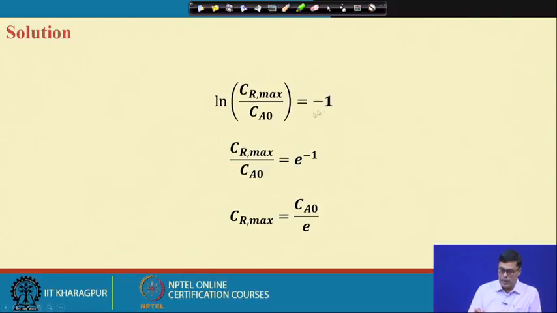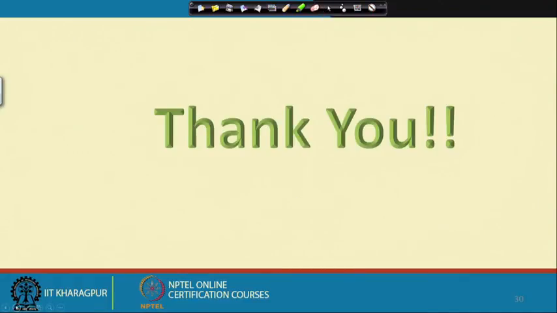Then CR max by CA0 equals e to the power minus 1, and CR max equals CA0 by e. So, this is how we can solve this equation in the other approach, but I feel that the first approach might be comparatively easier as compared to the second approach.